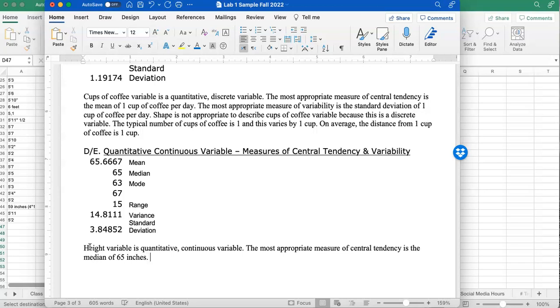And then the most appropriate measure of variability is the standard deviation of 3.8 inches.